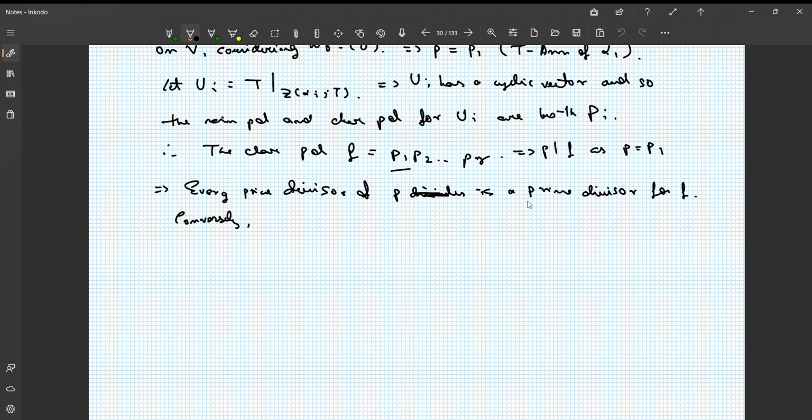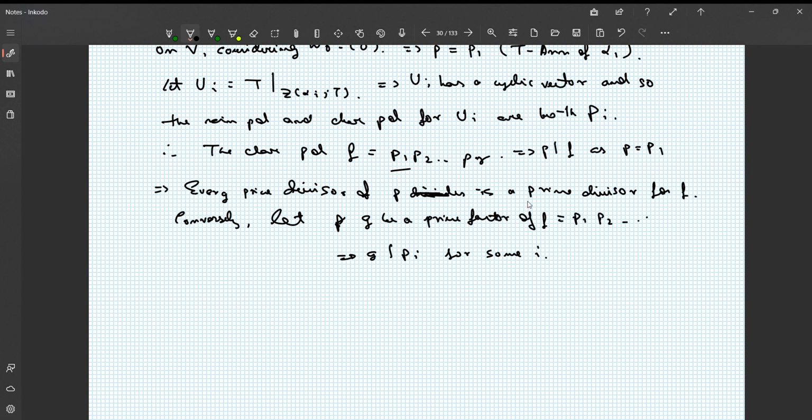So conversely, let G be a prime factor of f. Then that implies G must divide Pi for some i, right?